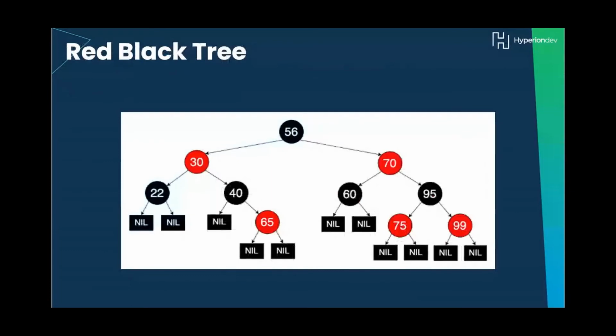The next type we're going through is red black trees. This type is similar to the AVL trees because red black trees are also height balanced. What differentiates them is that they can be balanced in less than 3 rotations.